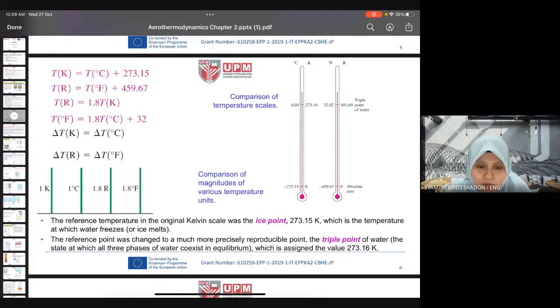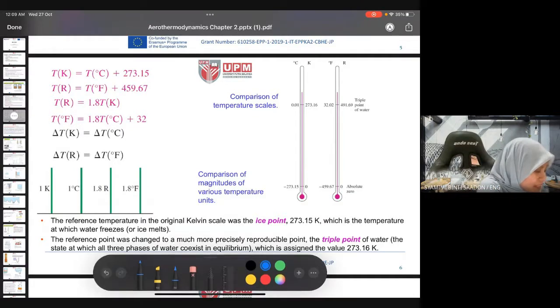The reference point was changed to a much more precisely reproducible point, the triple point of water. Actually, there is a schematic graph like this. These points, this is what we call the triple point, because outside of this point we have liquid, vapor, and solid.